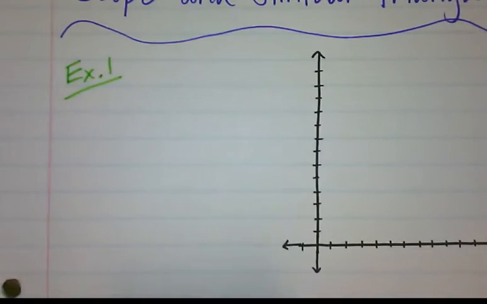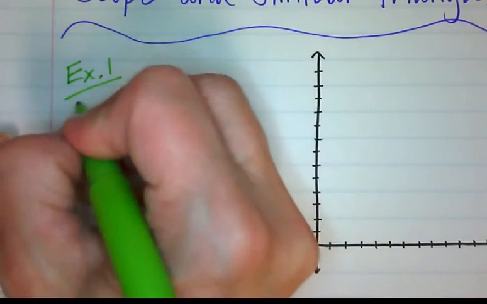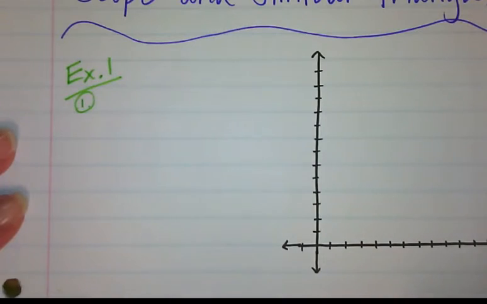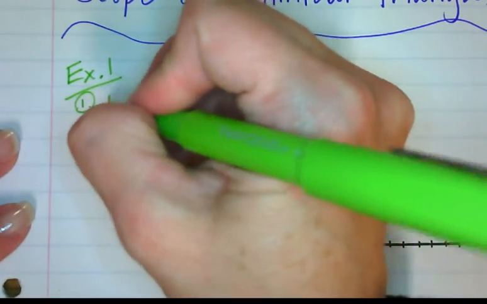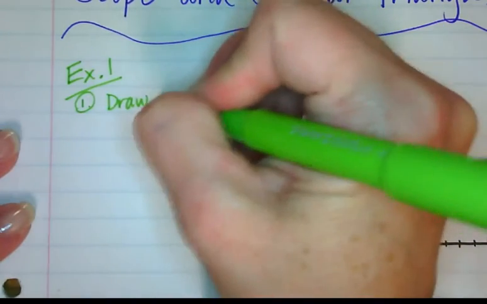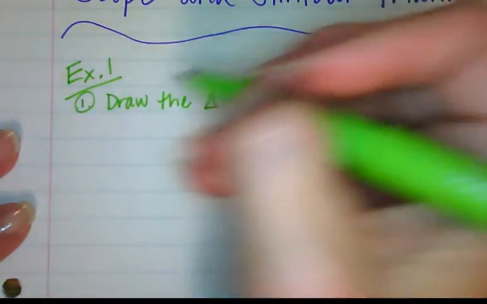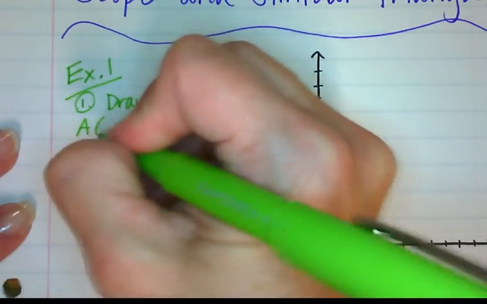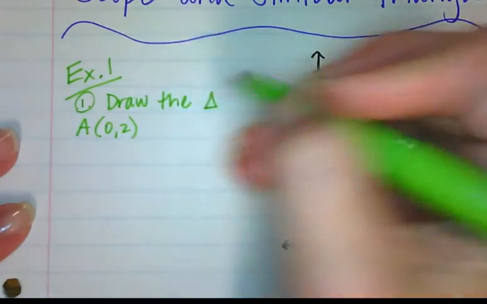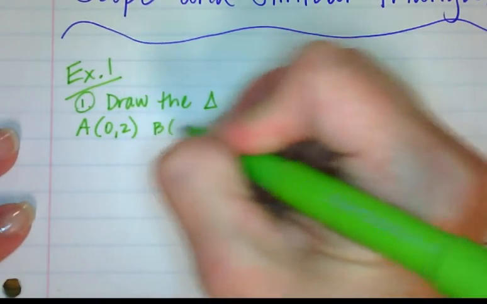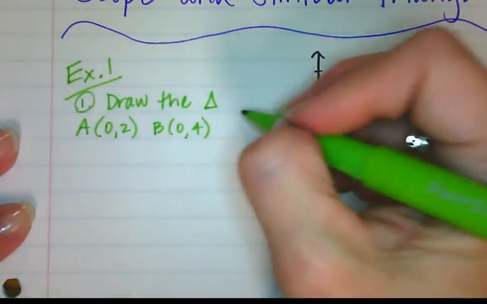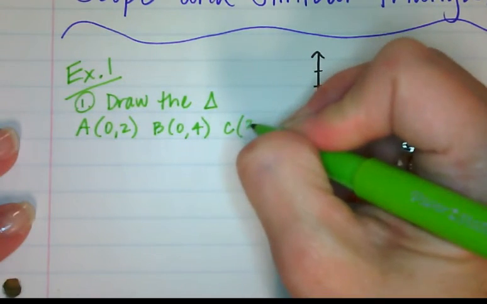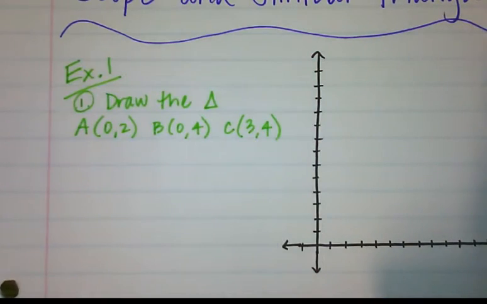Alright, so for example 1, first thing we're going to do is sketch the triangle. So I'm going to say, draw the triangle ABC. A is at 0, 2, B is at 0, 4, and C is at 3, 4.